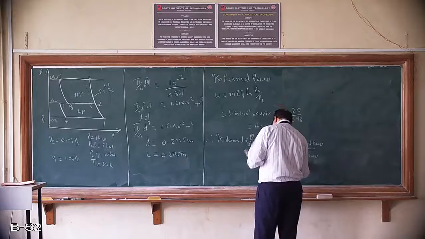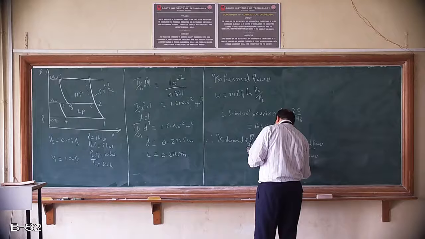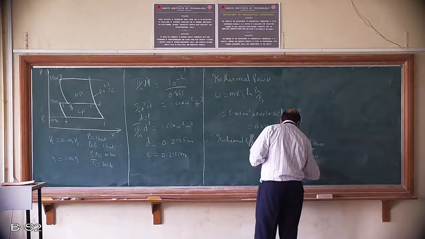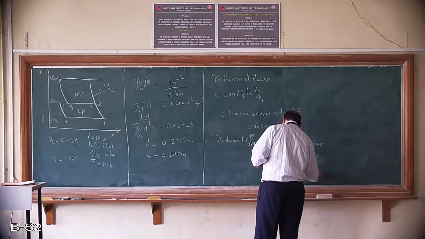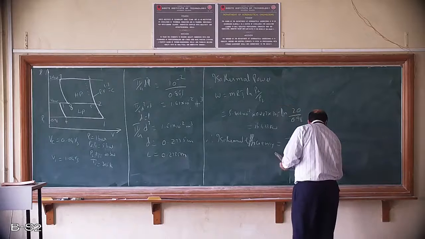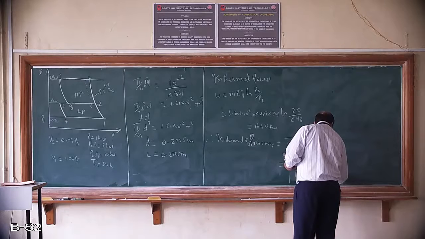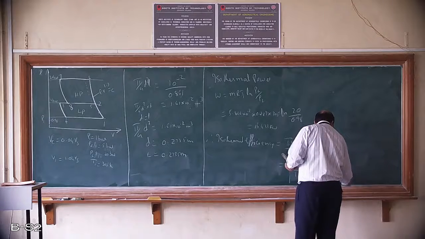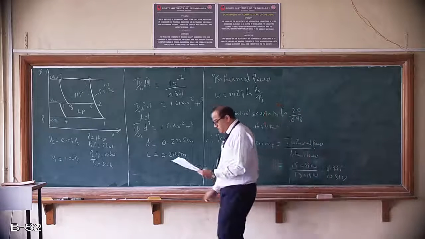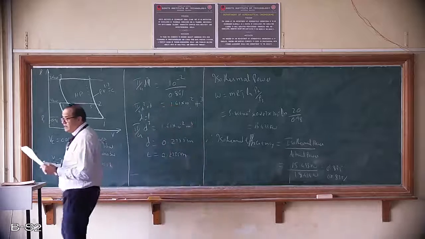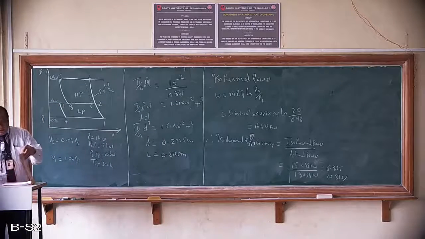So that is 15.433 kilowatts divided by 18.4834 kilowatts. So what we get is around 0.835 or 83.5%. So that's how you need to calculate the isothermal efficiency.